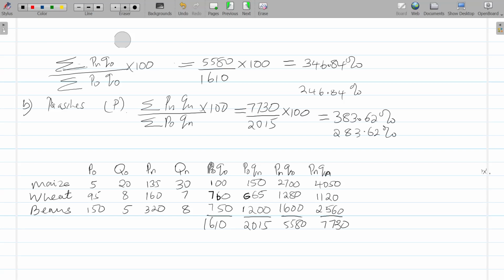So the summation of Pn Qn 1730 over summation of P naught Qn. P naught Qn is 2015. Then we multiply by 100.